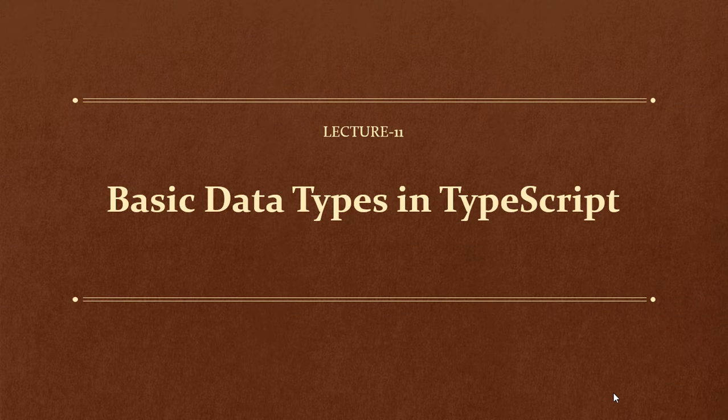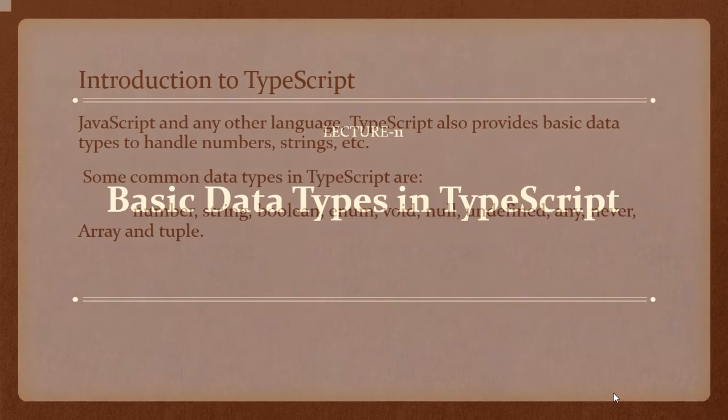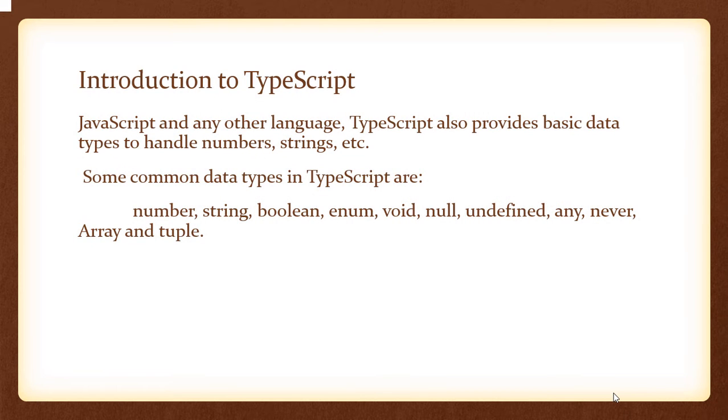In this lecture I am going to discuss basic data types in TypeScript. Like JavaScript and other languages, TypeScript also provides basic data types to handle numbers, strings, tuples, and other things.